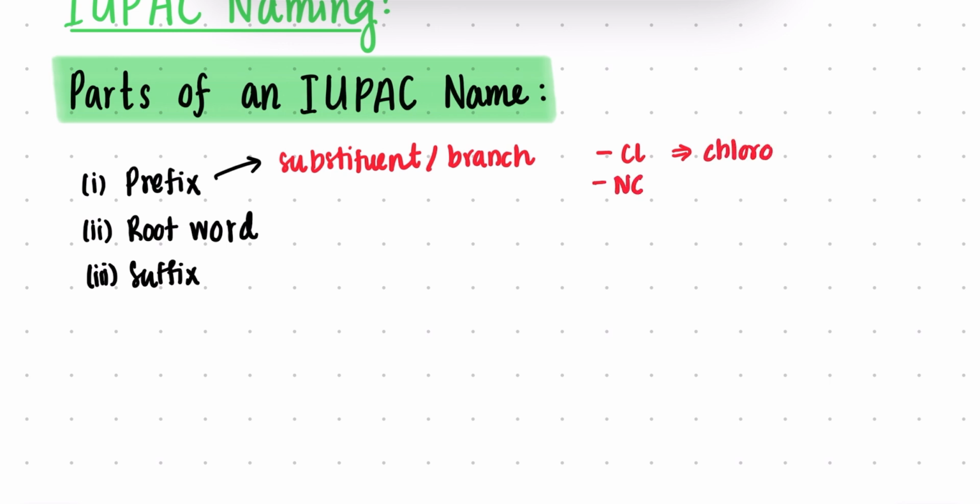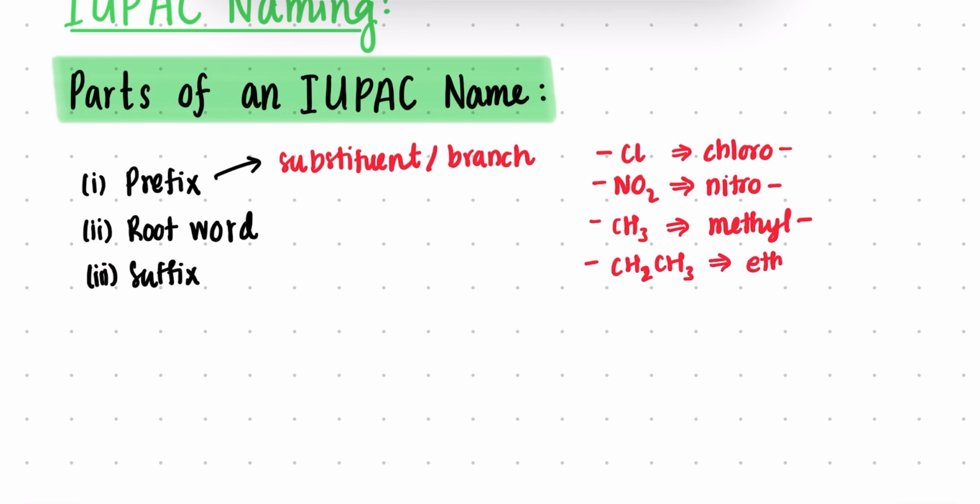If this is our substituent, we would have nitro. These are substituents. For branches, if this is a branch somewhere, this is methyl. Or if we had CH3CH2, this would be ethyl. So these are some examples of a prefix that could be used in an IUPAC name. Let me just write this here.